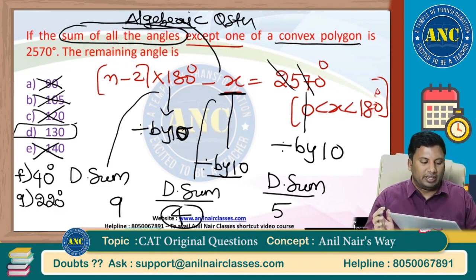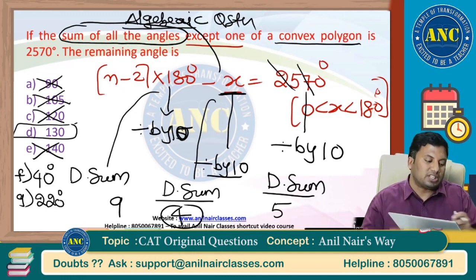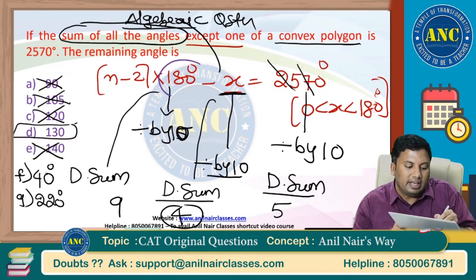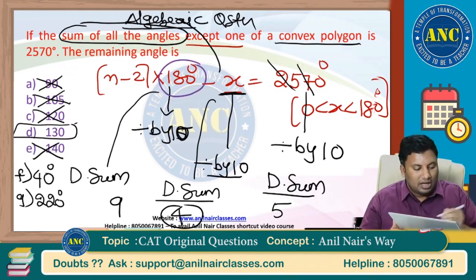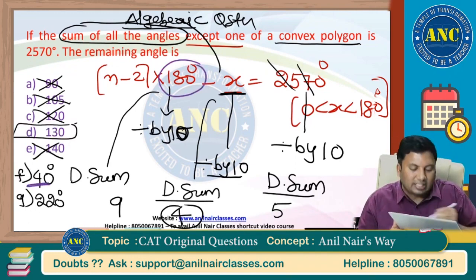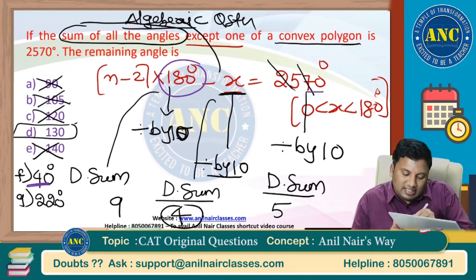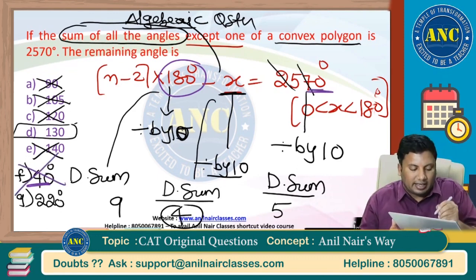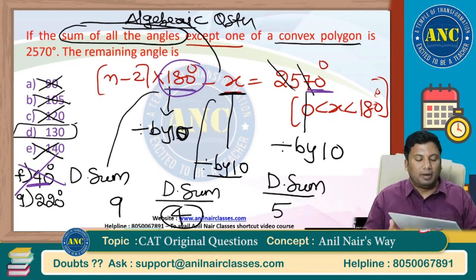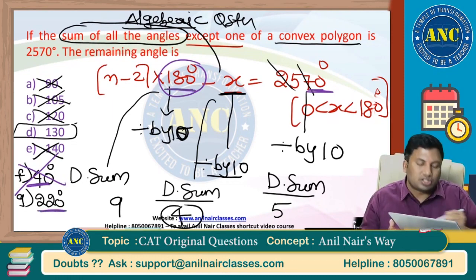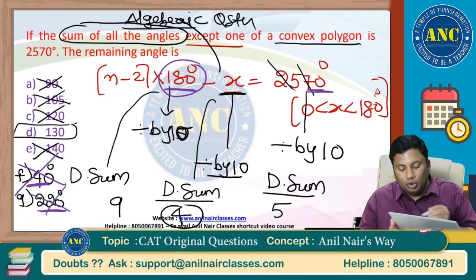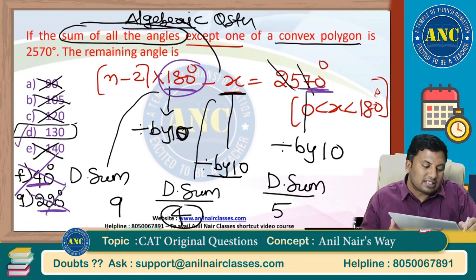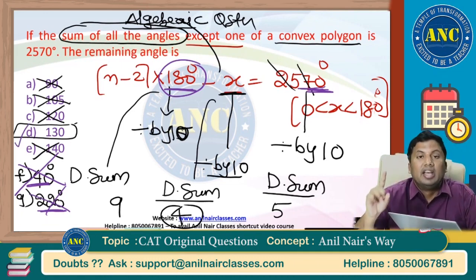Suppose the options are 40 or 220, how do we eliminate them? 180 is divisible by 4. 40 is divisible by 4, but 2570, 70 is not divisible by 4. So 40 is incorrect. 220 is also divisible by 4, but 70 is not divisible by 4. Answer has to be 130.